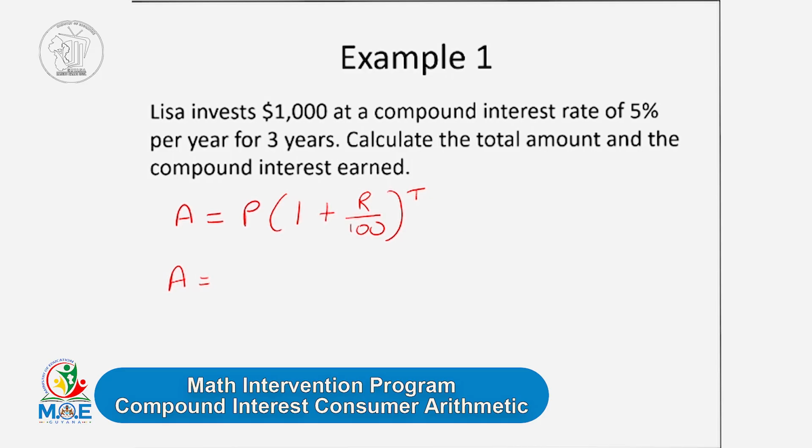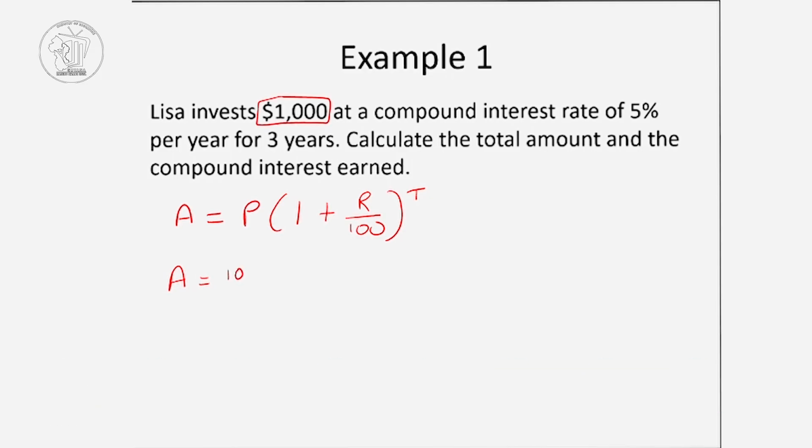In this case, 1,000 was invested. So the principal is 1,000 multiplied by 1 plus the rate, which is 5, over 100, all raised to the number of years, which is 3.